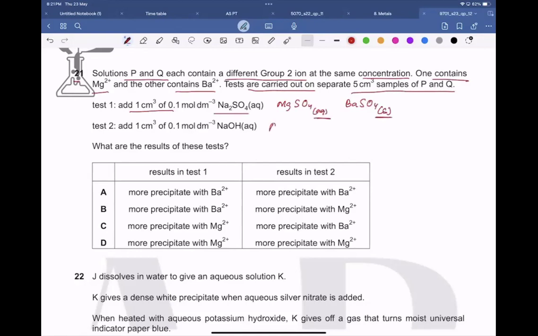When we add sodium hydroxide, we are going to get magnesium hydroxide and barium hydroxide. So hydroxide solubility increases down the group, so barium hydroxide is more aqueous, and magnesium hydroxide forms a precipitate because magnesium is on the top.